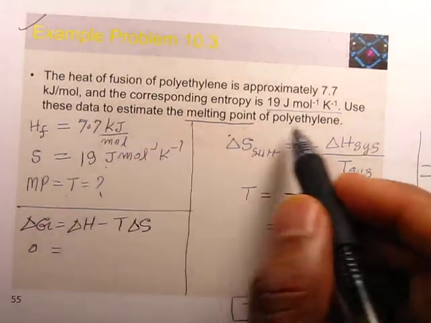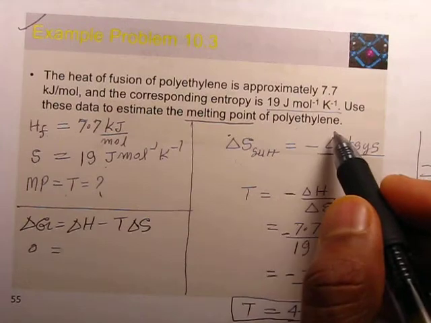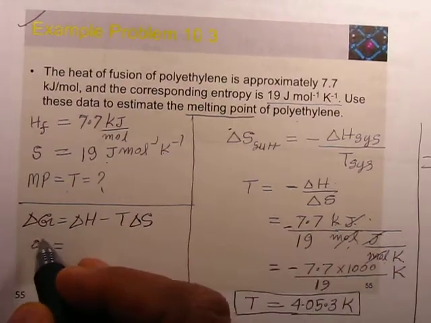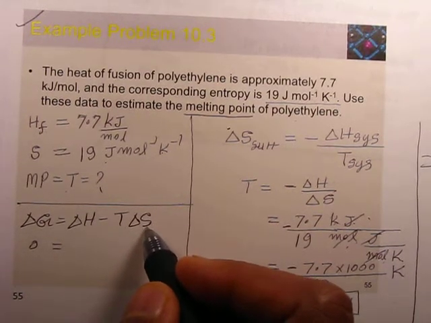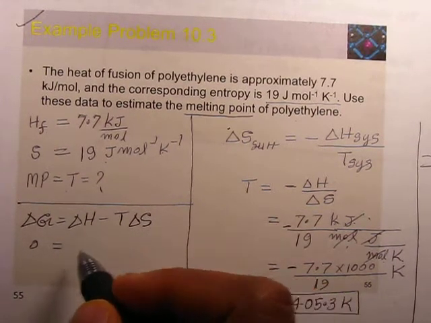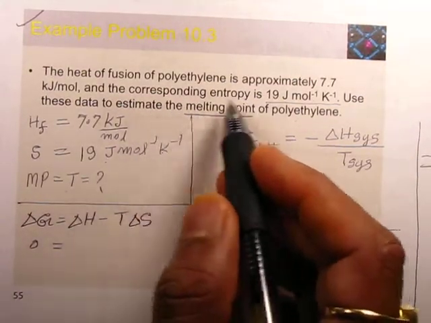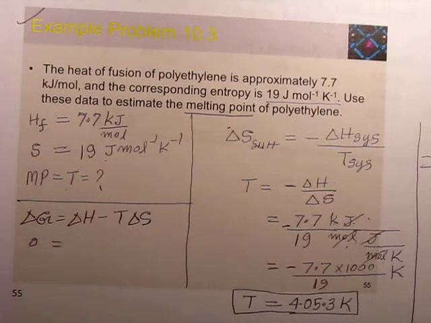Use these data to estimate the melting point of polyethylene. So the melting point temperature they are asking. If you remember this equation, delta G is equal to delta H minus T delta S, and at the melting point the system is at equilibrium, so delta G will be 0 here.